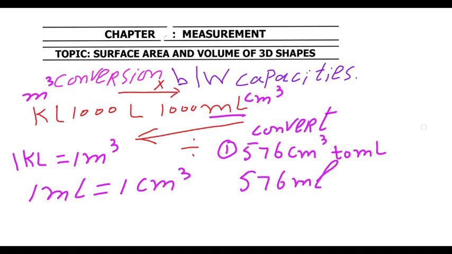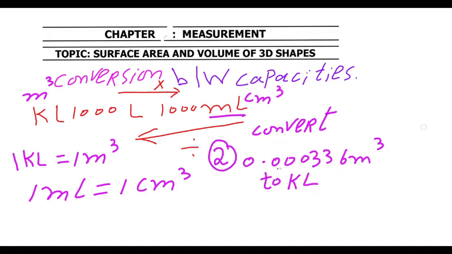This is my answer. Now I need to convert 0.000336 meter cube to kiloliter. Same, because 1 kiloliter is equal to 1 meter cube. So this answer will be 0.000336 kiloliter. This is my answer.